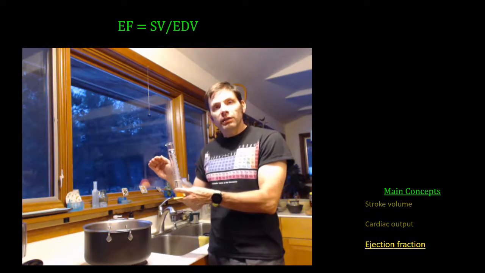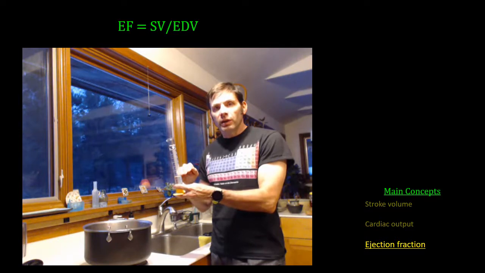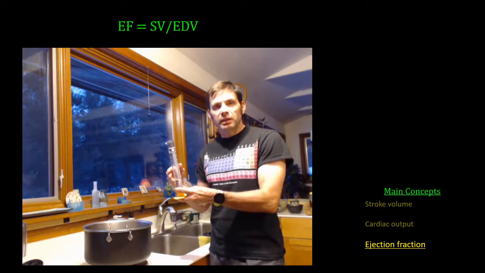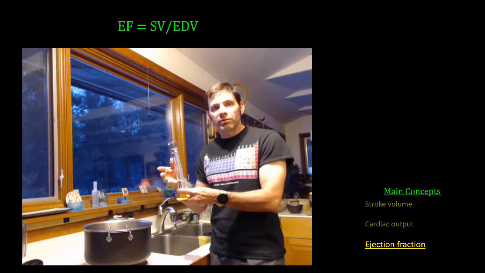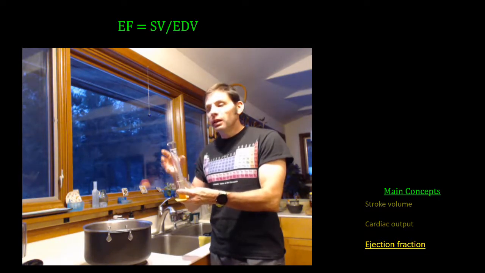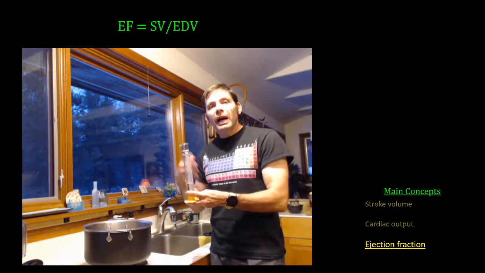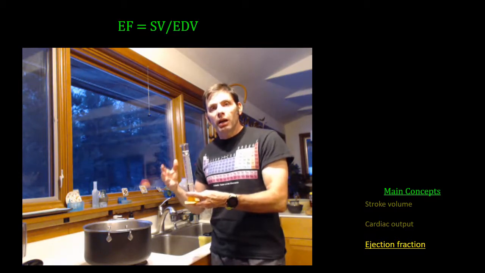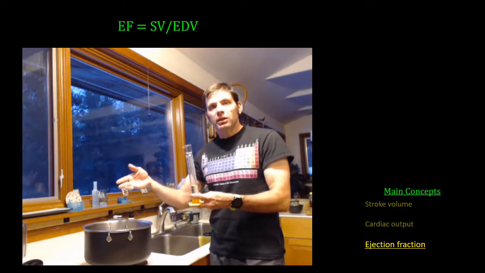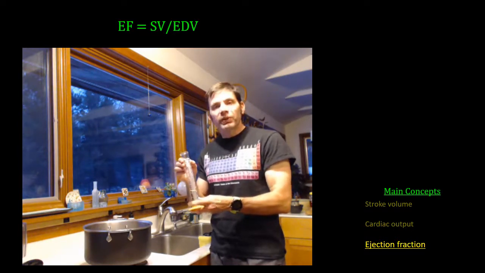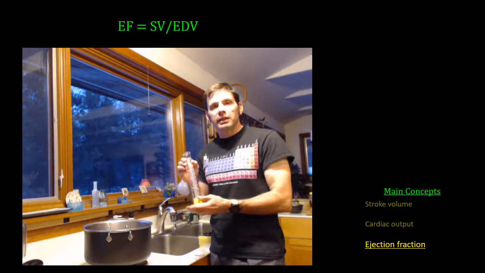Then end diastolic volume minus end systolic volume is 65 milliliters. So the stroke volume was 65 milliliters. We started with 100 milliliters in the left ventricle. Then the fraction of blood pumped out of the heart was 65%, 65 milliliters over 100 milliliters. That's known as the ejection fraction.